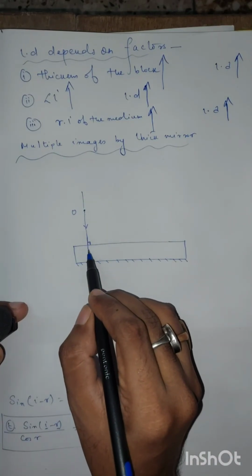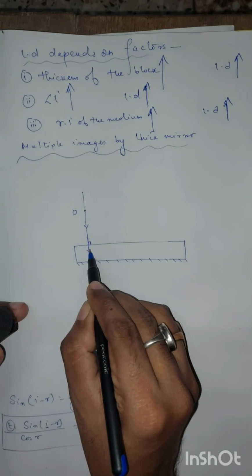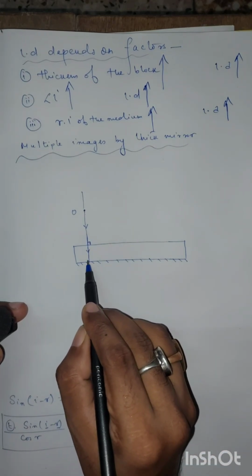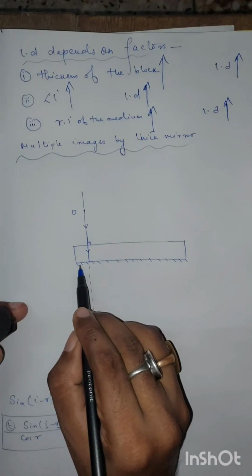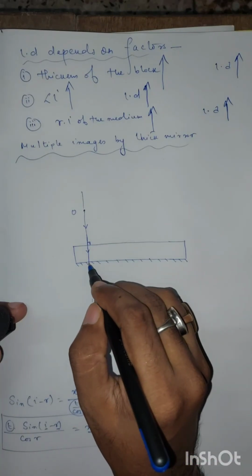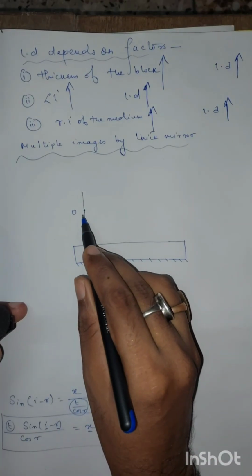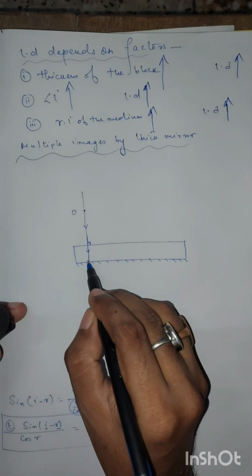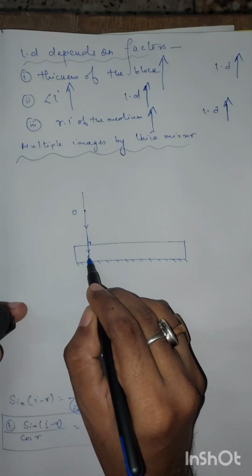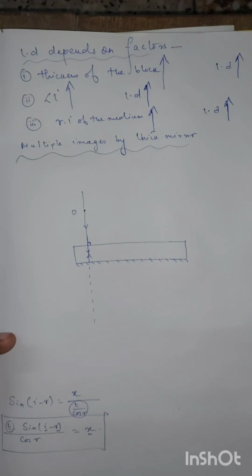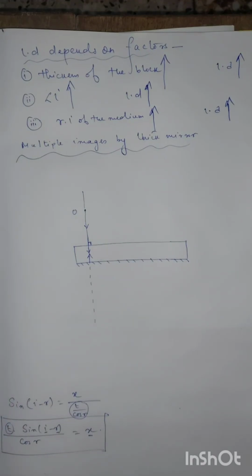So the light ray enters directly without any deviation, and after that it strikes the second surface of the mirror. This is the silvered surface. So it gets reflected. The ray coming perpendicularly gets reflected back following the same path, but in the opposite direction.